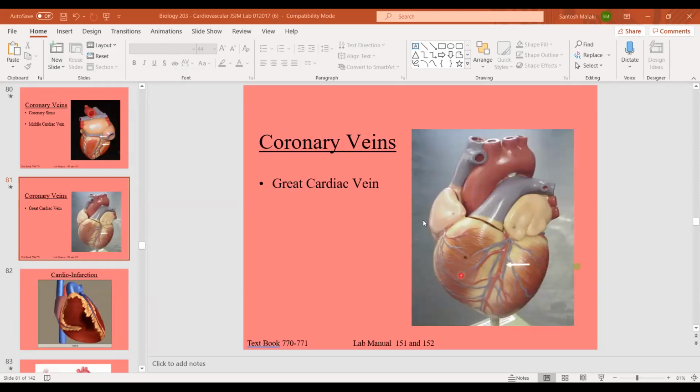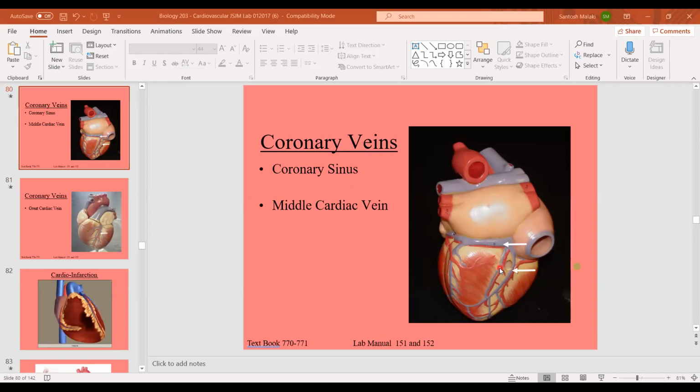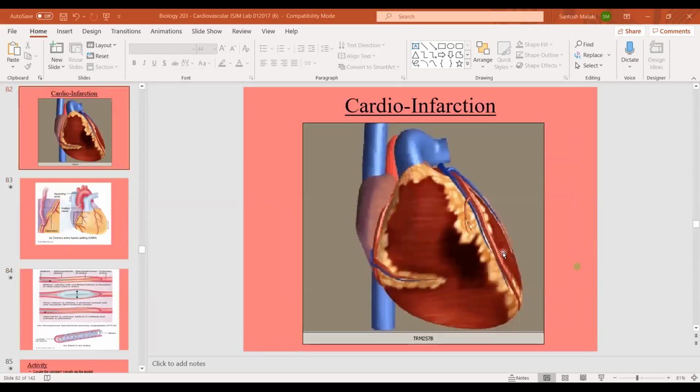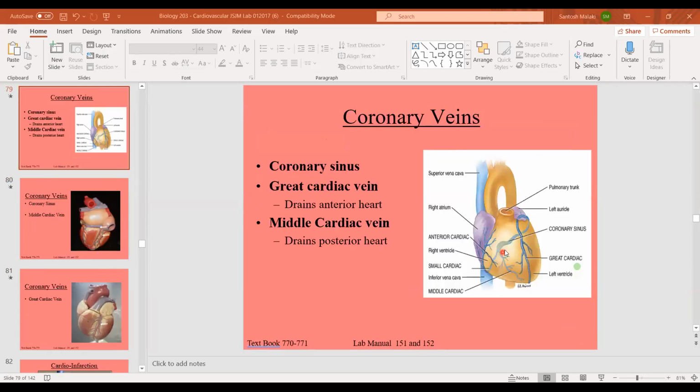How do you know this is the front? Because you can see this is the front view by the positioning of the heart. And lying next to it is your anterior interventricular coronary artery, which is a branch of the left coronary. So two major veins: great cardiac vein in front, middle cardiac vein at the back, drain into the coronary sinus, and the coronary sinus in turn drains into the right atrium.